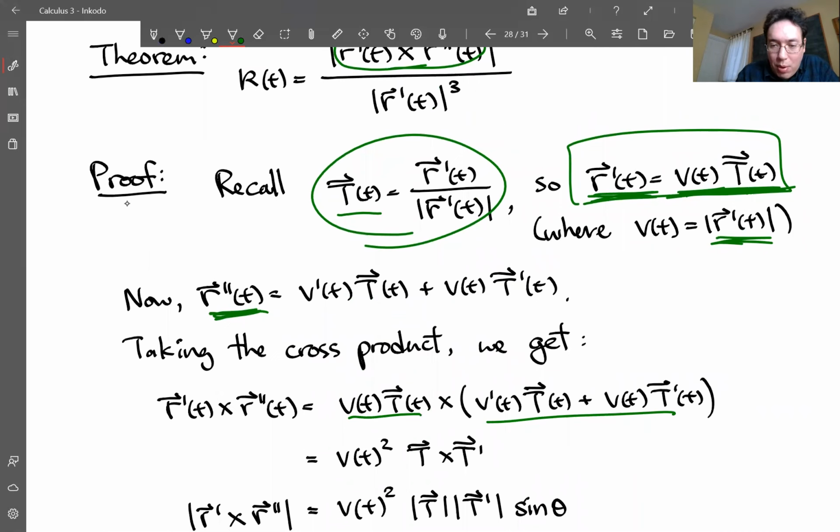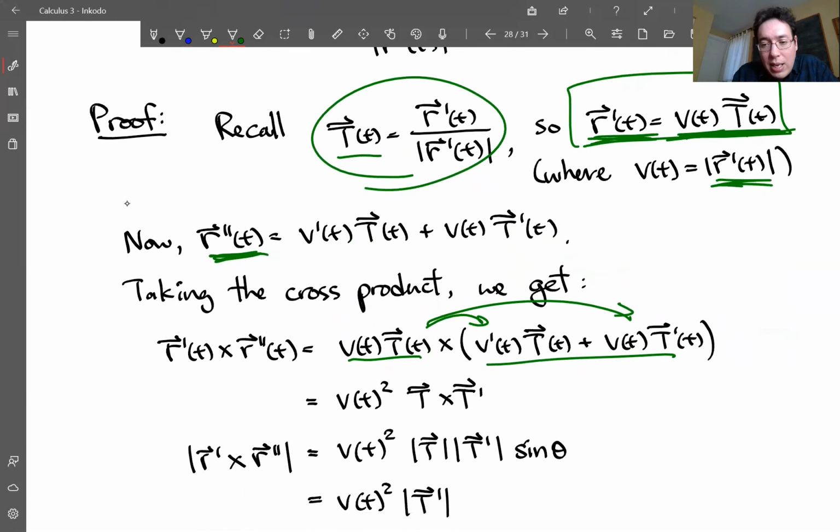This is the r double prime. I can distribute this cross product to the two terms on the right-hand side. And remember that, so here's a fact that I'm going to pull out that I don't know if you remember or not.